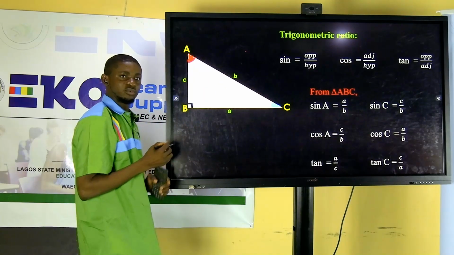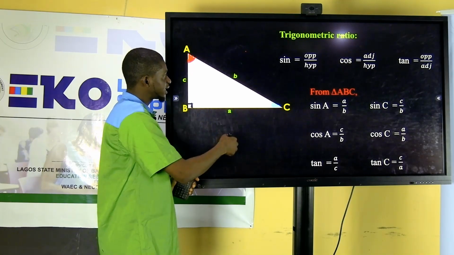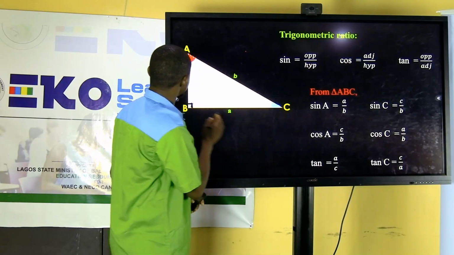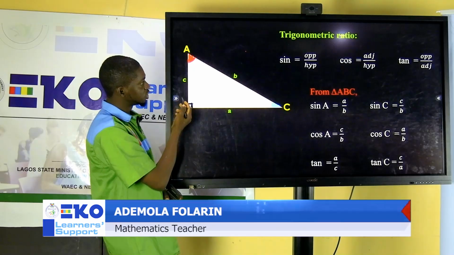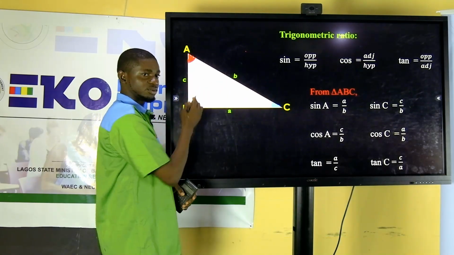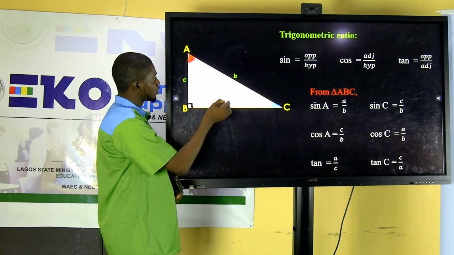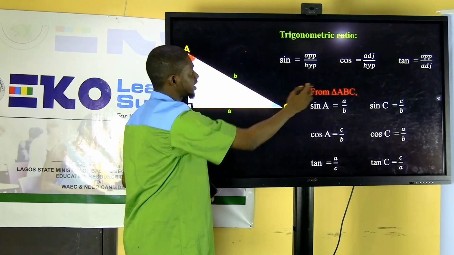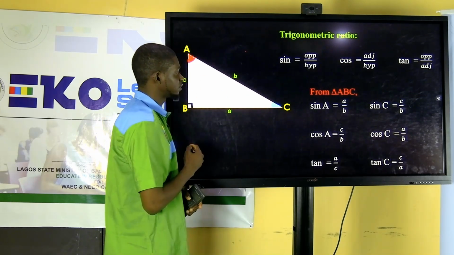So sine of a particular angle in a right angle triangle expresses the ratio of opposite side to the hypotenuse side, while the cos of A expresses the ratio of adjacent side to the hypotenuse side, and tan A expresses the ratio of opposite side to adjacent side, that is TOA. Opposite to adjacent, while cos is adjacent to hypotenuse.